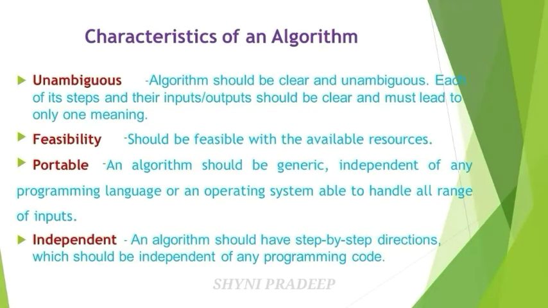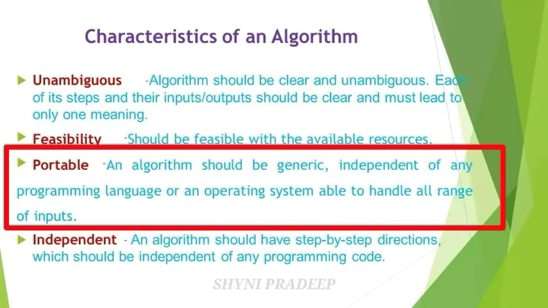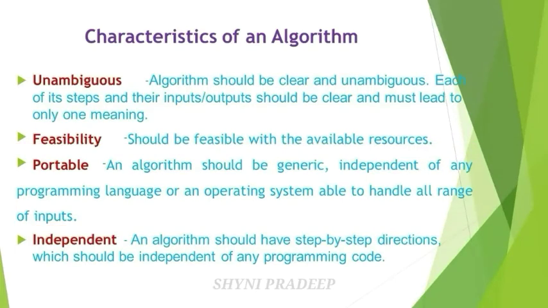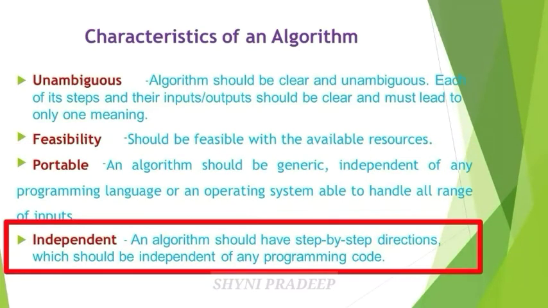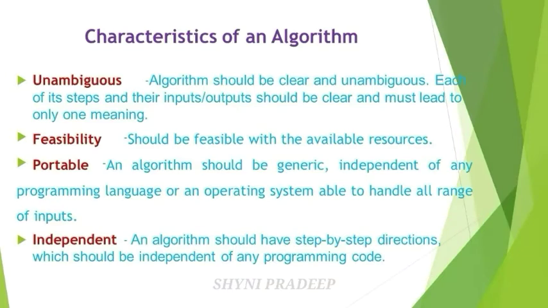It should be feasible with the available resources. Next, portable. The algorithm should be able to handle all the range of inputs. And the last characteristic is independent. It should be independent because it has step-by-step instructions, so it should be independent of any programming code.